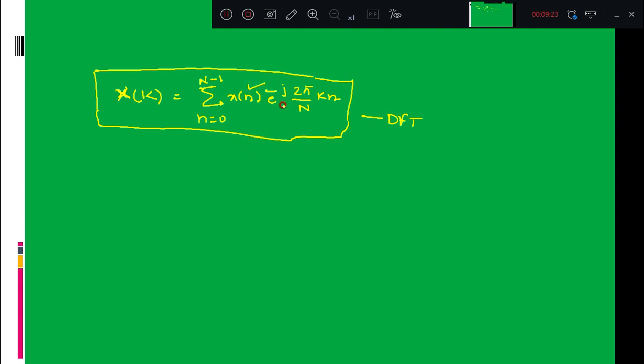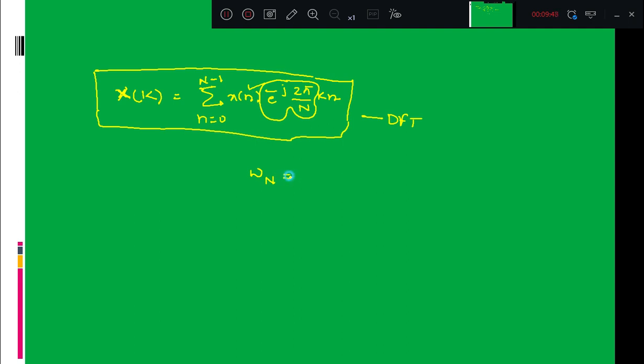So now in this DFT equation there is a complex quantity e^(−j 2π/N). So when we are studying the discrete Fourier transform, we have to consider this e^(−j 2π/N) as a complex quantity which is denoted by W_N, right?